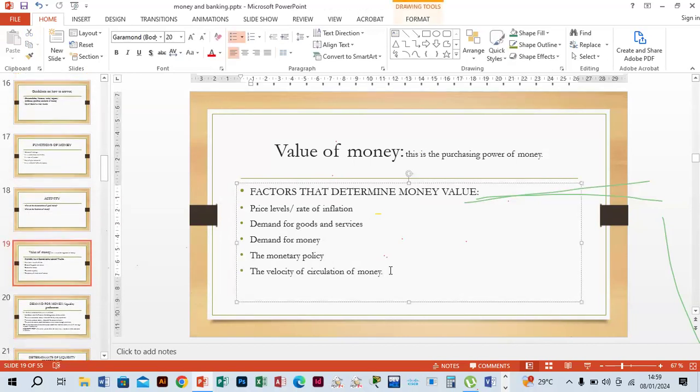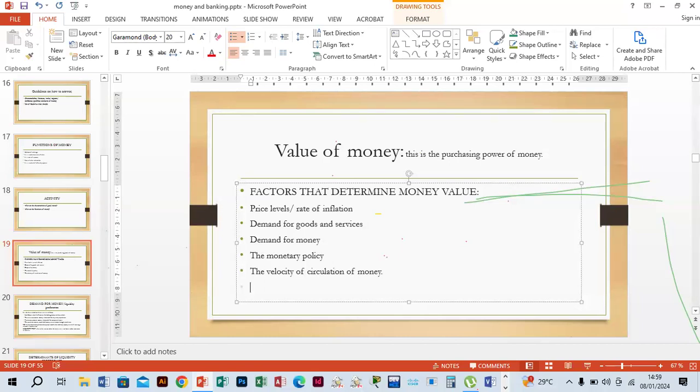Let me add some points. You could write this point: the government policy of revaluation and devaluation. Under the devaluation policy, the government deliberately reduces the amount of money in circulation.